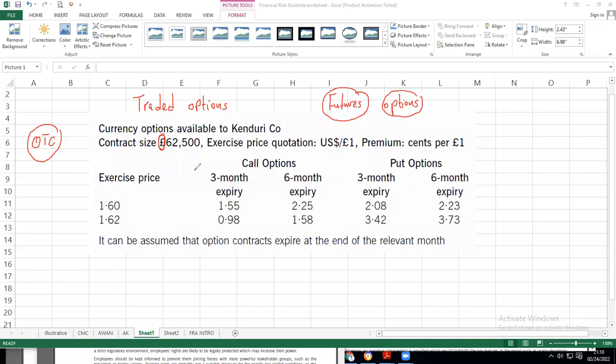These options that we are dealing with here give you a right. A right to do what? A right to buy or a right to sell. To sell what?